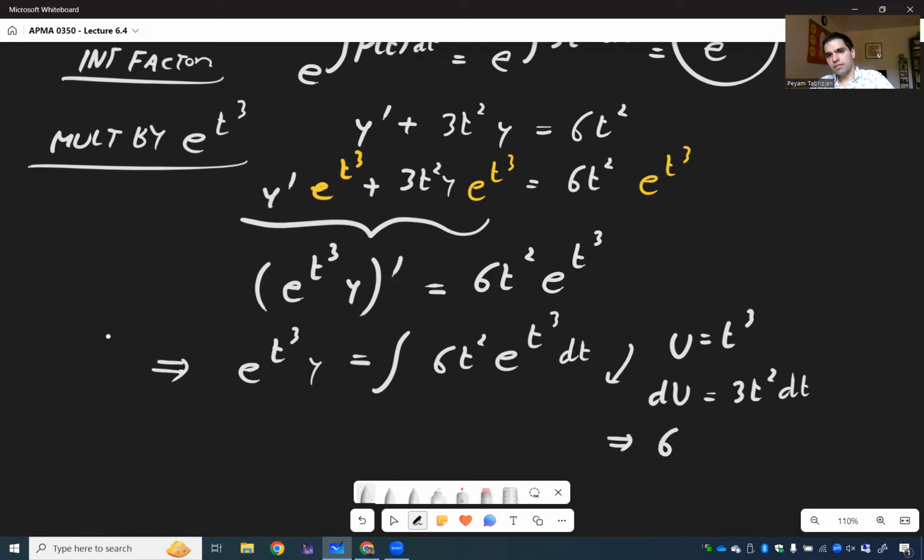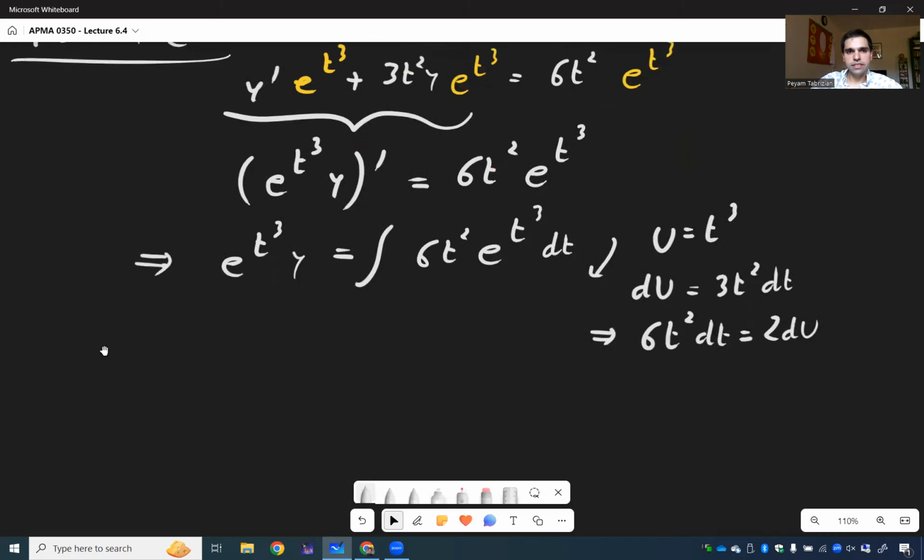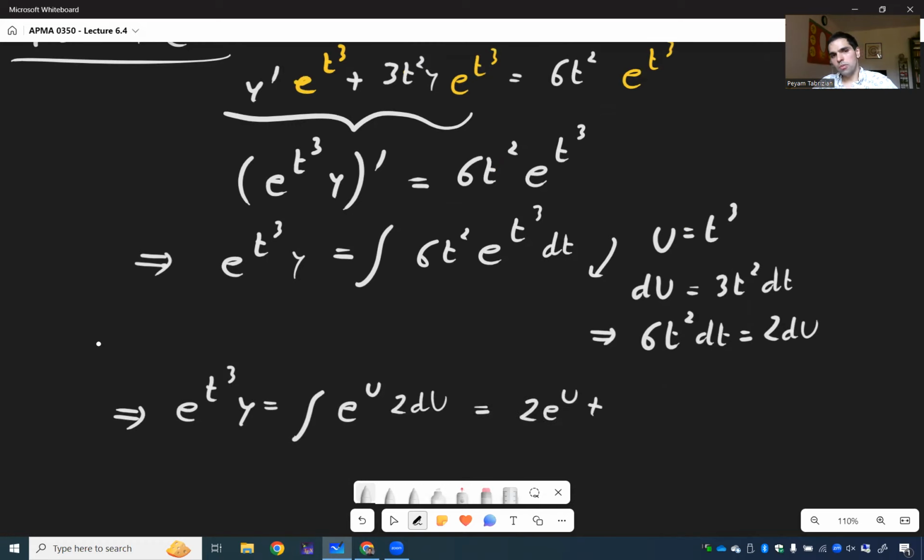So in this case, 6t squared dt is just 2 du. And then what we end up getting is e to the t cubed y becomes the integral of e to the u times 2 du. And that becomes 2e to the u plus c, and that's 2e to the t cubed plus c.